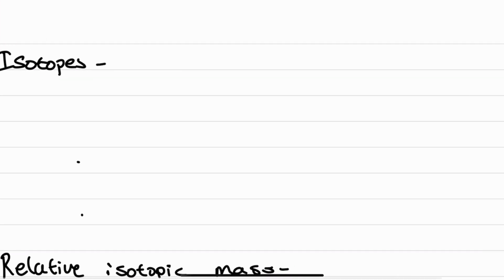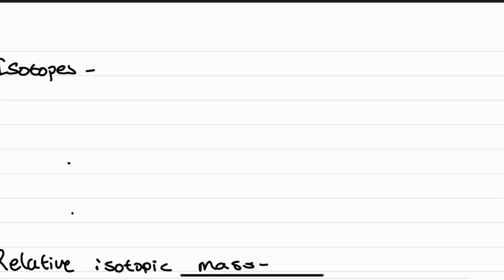So, moving on. There are a few definitions that you must be aware of in this chapter, one of them being isotopes. Now, isotopes are, I'll write it down first.